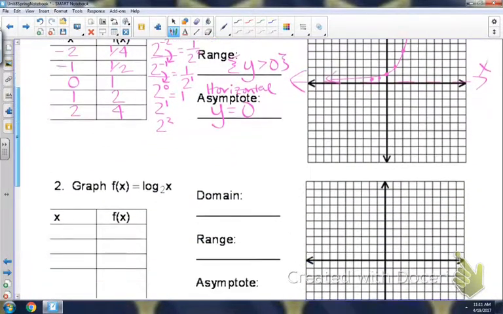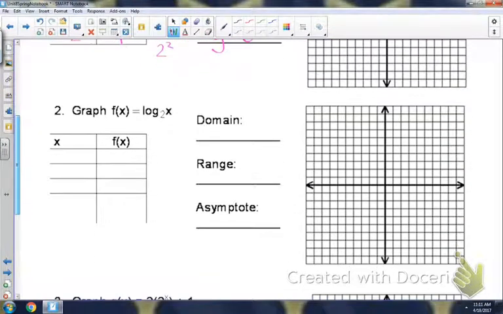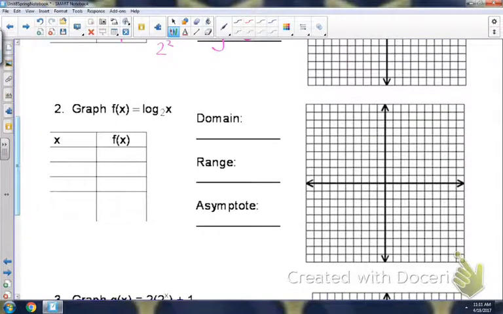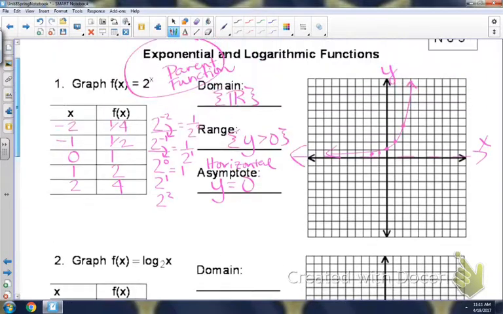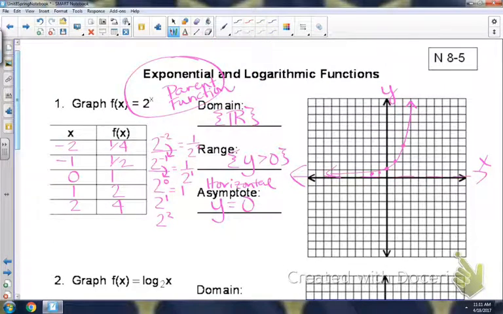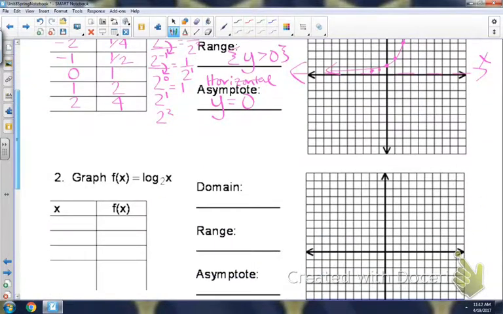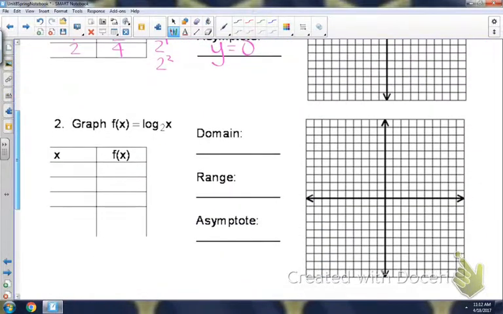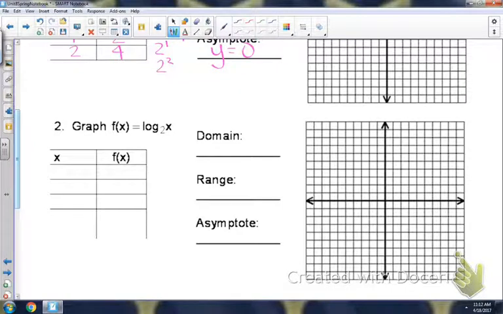The next one, notice we have a log function, f of x equals log base 2 of x, which is really the inverse of the exponential because the base is 2 to the x. So all I'm going to do here is flip my points from my exponential, because remember when you have an inverse graph, you're just reflecting those points across the line y equals x, which means you're just switching those x and y values.